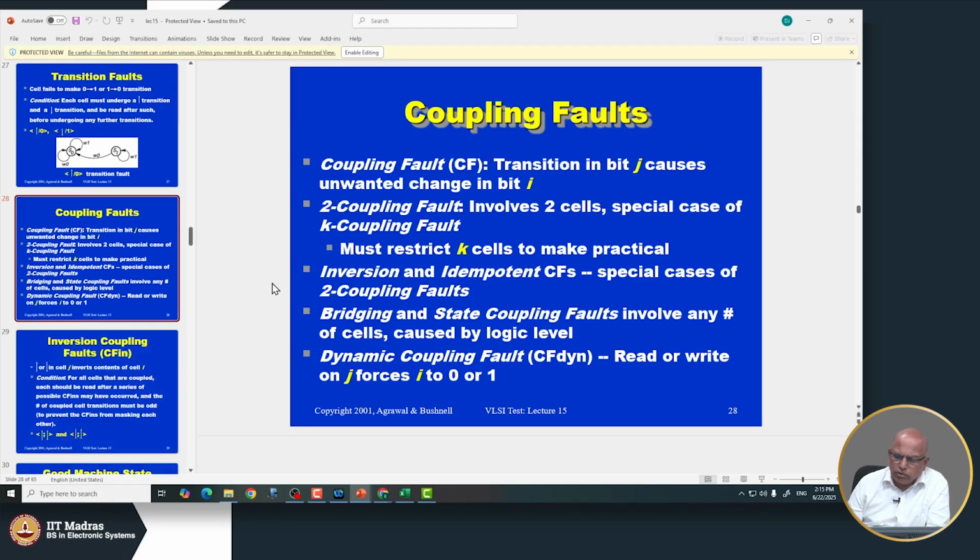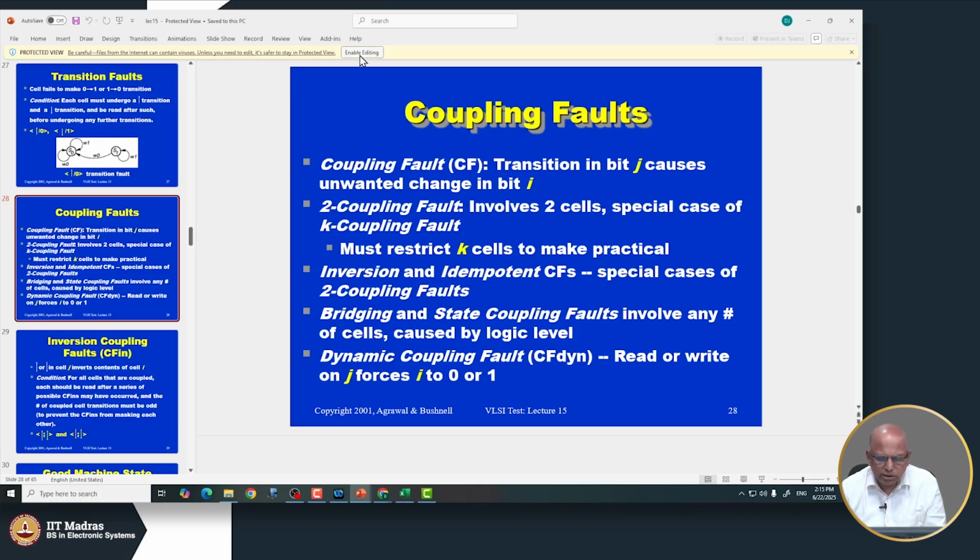Let us look at coupling faults. A transition in bit j causes an unwanted change in bit I. That is what a coupling fault is. And it can be very complicated.